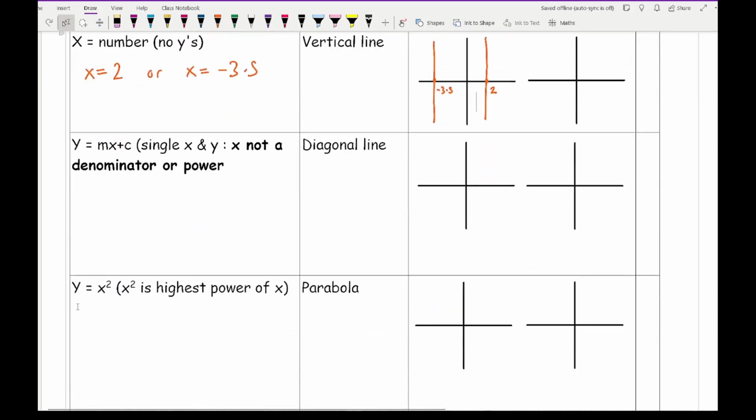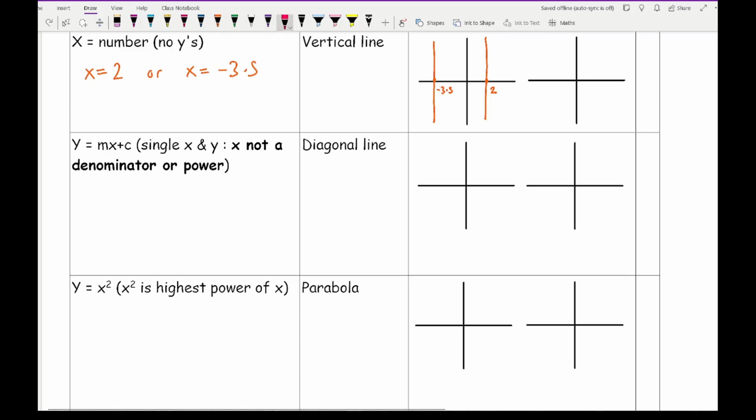So looking at y equals mx plus c, you may have covered this to death in regards to the equation. When we've got y equals mx plus c, then that's going to be a diagonal line.